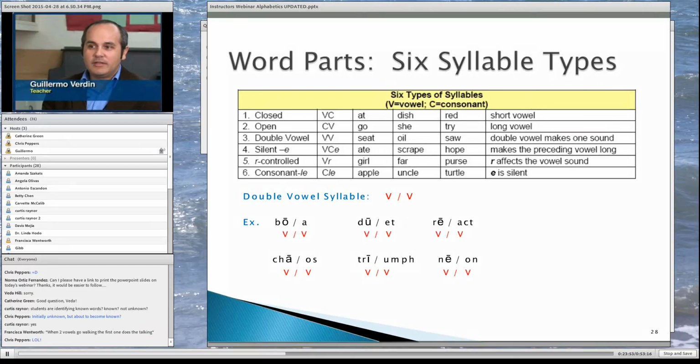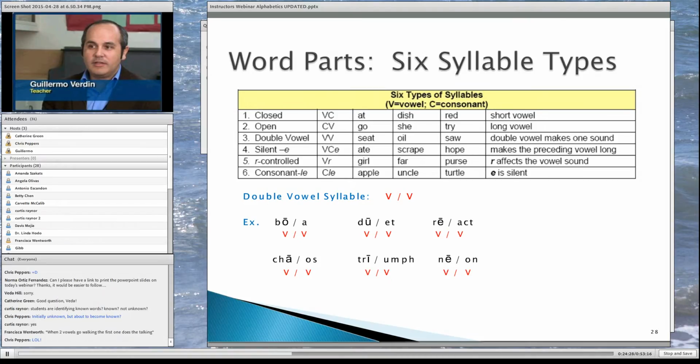I'm suggesting that you first build a strong foundation of this awareness of word parts with 6 syllable types, and then bring in this awareness of the exceptions as they arise. The resources I will recommend at the very end address these exceptions well, and in a timely manner. So again, I know that there are exceptions, but I'm going to give you some resources that will help you focus on this first and then address the exceptions in a timely way.